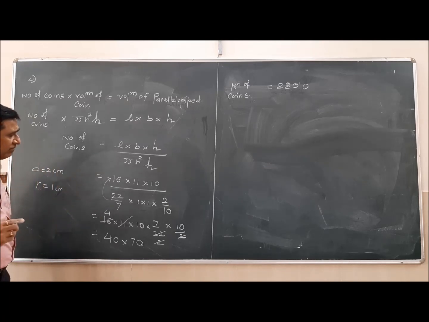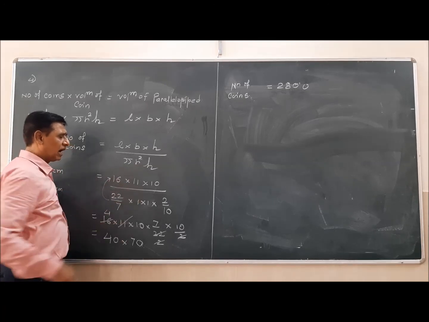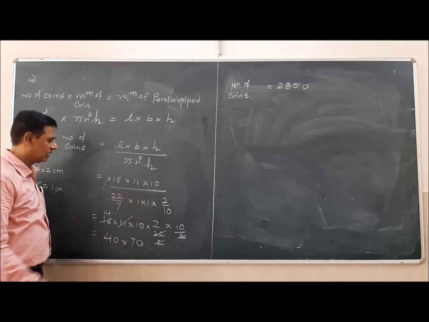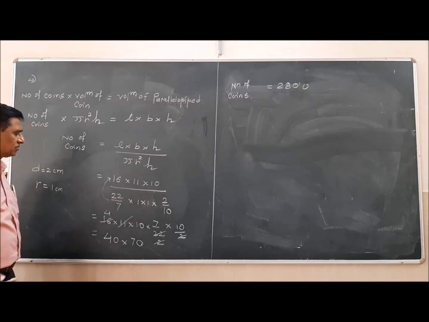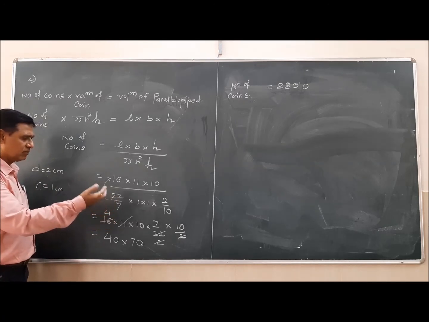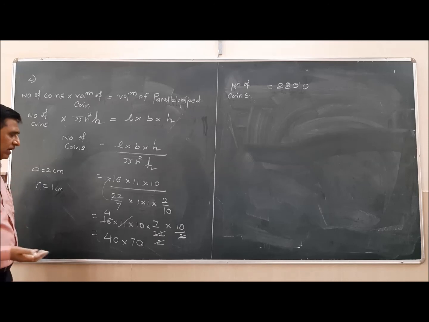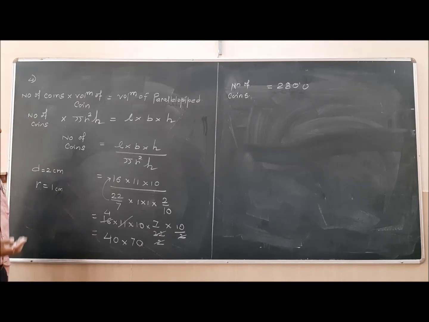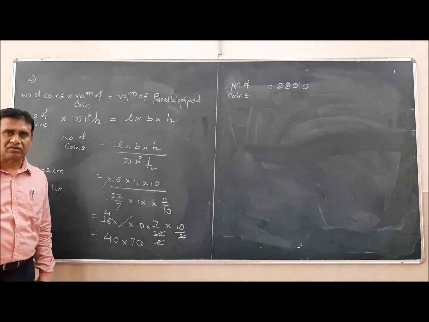But be very careful: the height or thickness of a coin is given as 2 millimeters. I converted it into centimeter by dividing by 10, so I got 2 upon 10. Transfer everything into the numerator: 16, 11, 10, 22 upon 7 becomes 7 upon 22, while 2 upon 10 becomes 10 upon 2. The calculation will give us 2800. Thank you.